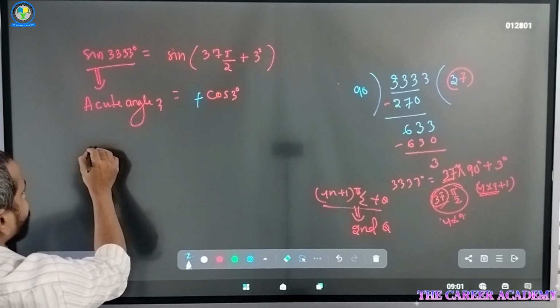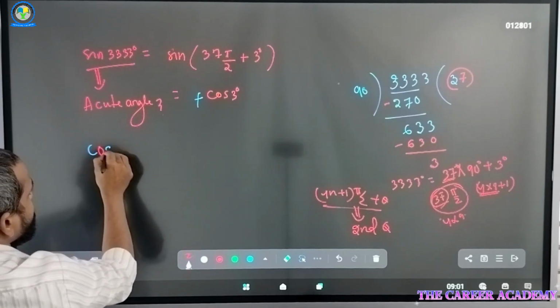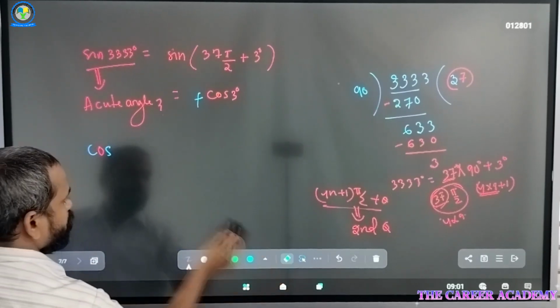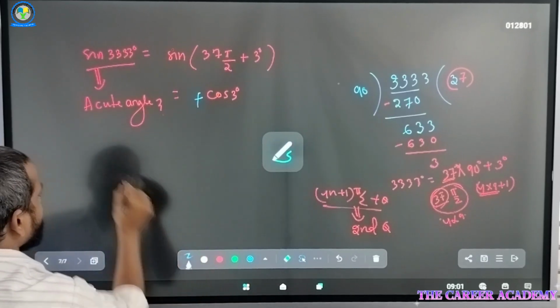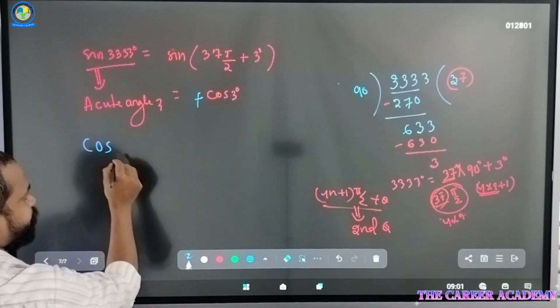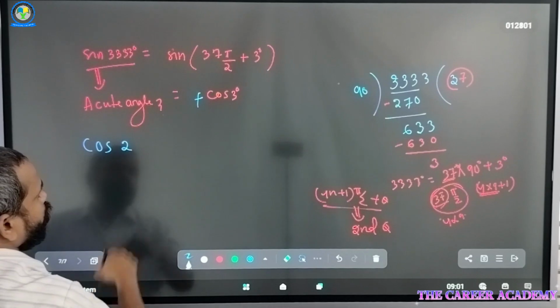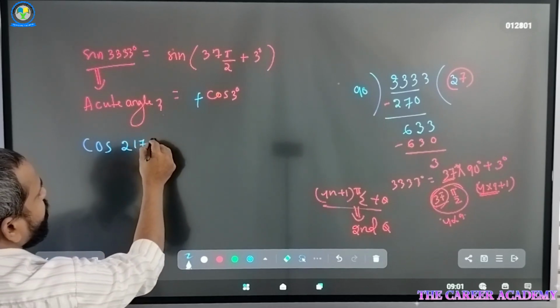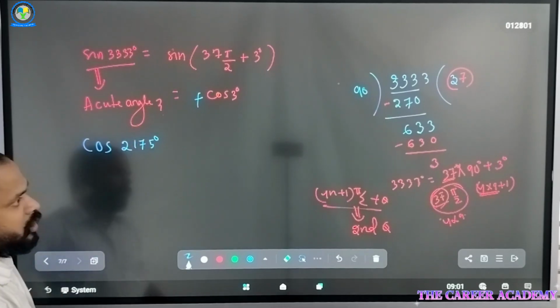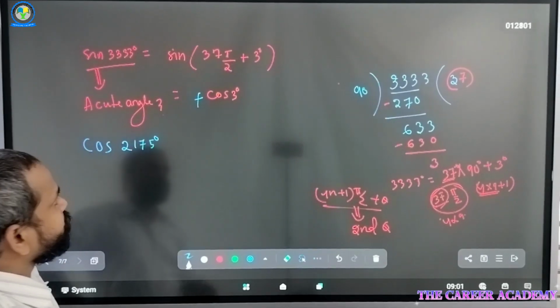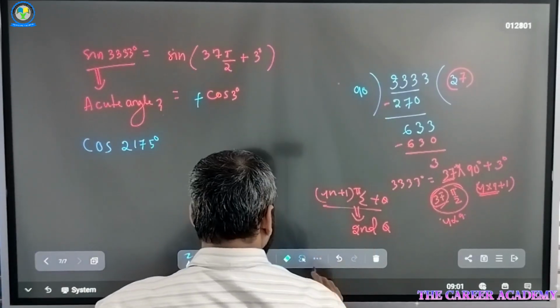Another example you take. Suppose it is cos 2175 degree, and make it into an acute angle. What do you have to do first?